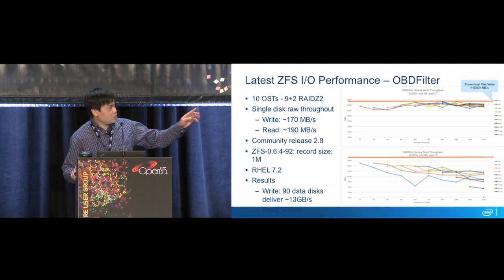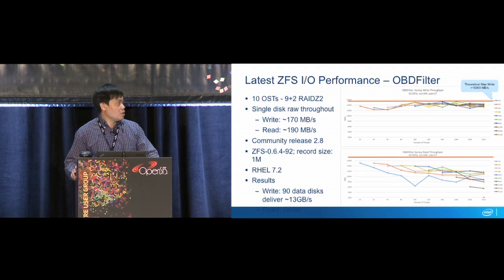As you can see, it's really close to the raw disk throughput. So we use the Lustre community release 2.8 and ZFS 0.6.4.92 because of an existing issue.